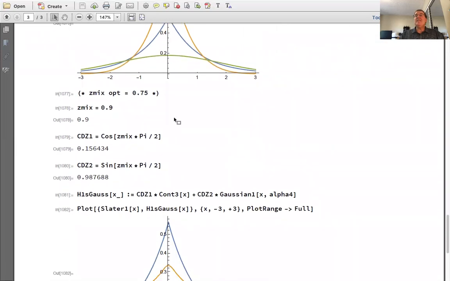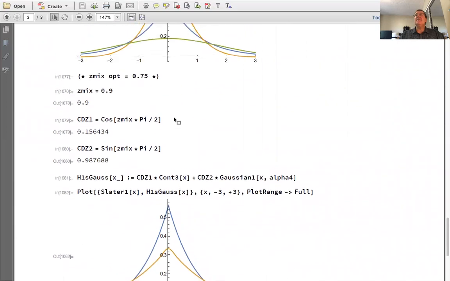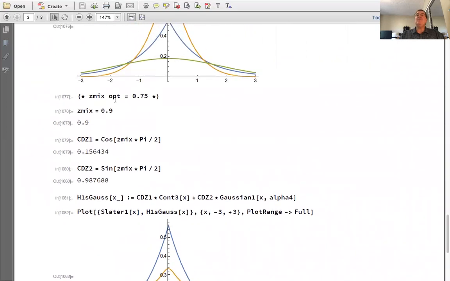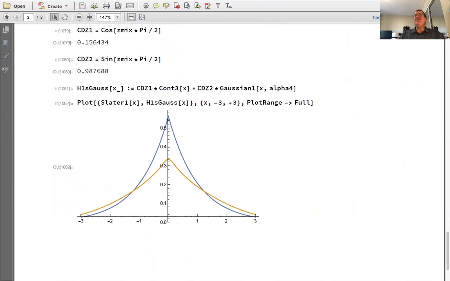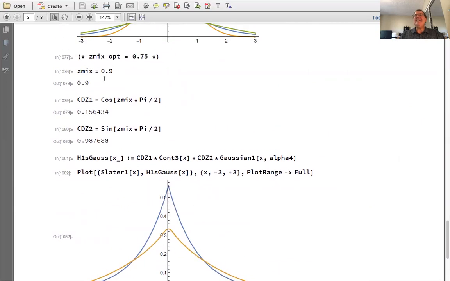The optimal mixing for these is, in fact, 0.75. I picked 0.9 here. And you can see that when I pick 0.9 as the mixing, the larger coefficient is that of the single-term Gaussian.